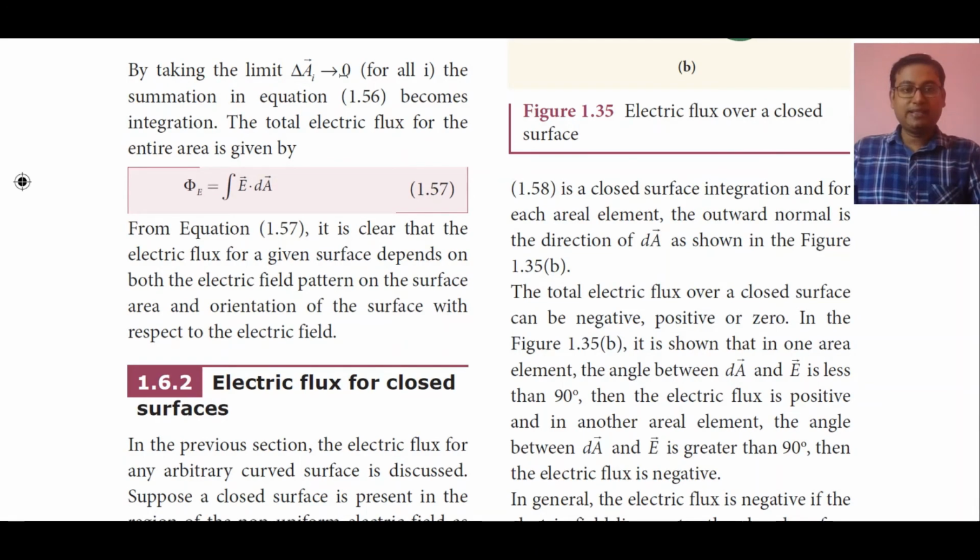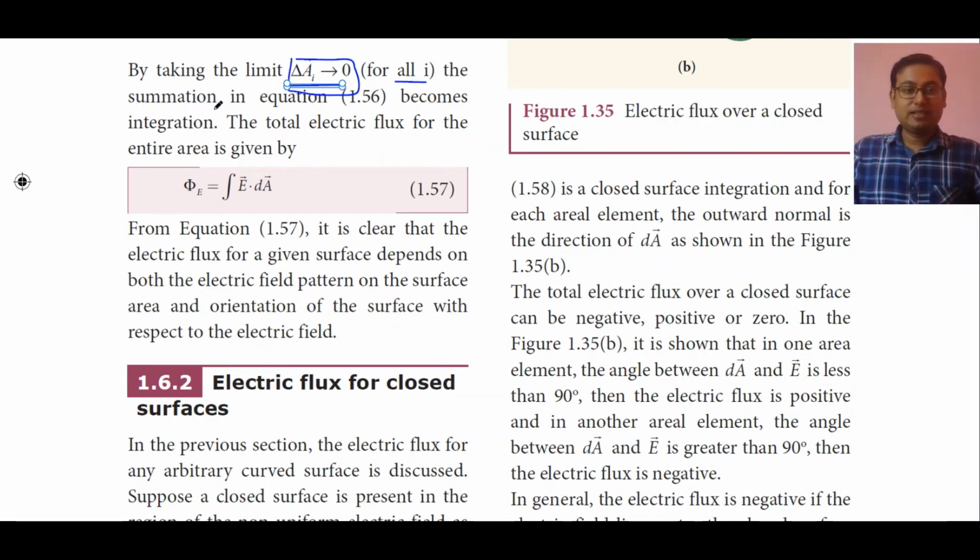By taking the limit del Ai tends to 0, that means we make the area element so small that it becomes negligible, for all values of i, for A1, A2, A3 up to An. In this situation, the divided area becomes so small that even if the total area is curved, the smaller region will become perfectly flat.